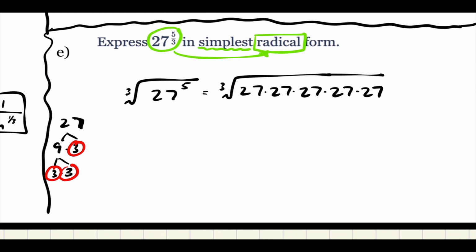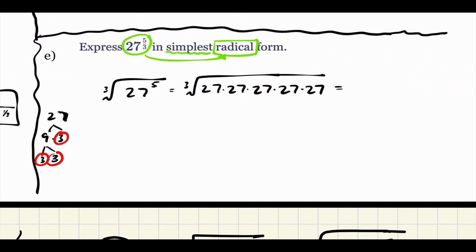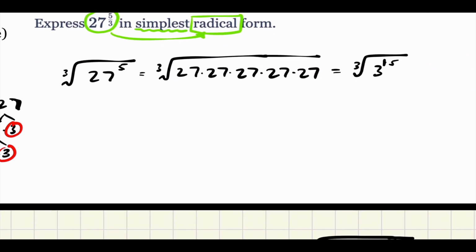So it's going to be the third root of 3 to the 15th power, because each one of them had three 3s. I have 15 3s.